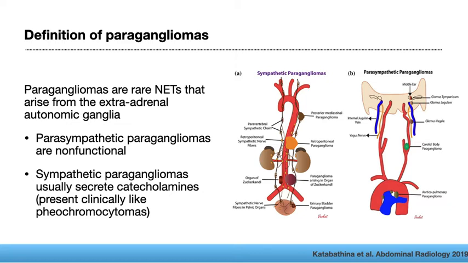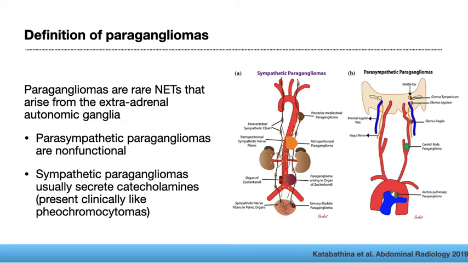As we can see in panel B, the most common site for parasympathetic paragangliomas is the carotid body paraganglioma. Other examples include glomus tympanicum, glomus jugulare, glomus vagale, and the aorticopulmonary paragangliomas.